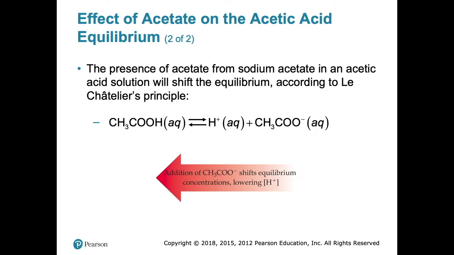The presence of acetate from sodium acetate in acetic acid will shift the equilibrium, because remember Le Chatelier's principle: you add in some more products, it'll shift the equilibrium towards the reactants. Here, if you add acetate, the conjugate base, which is a product, it will shift the concentration of the acid, the protons, so that there are fewer protons.